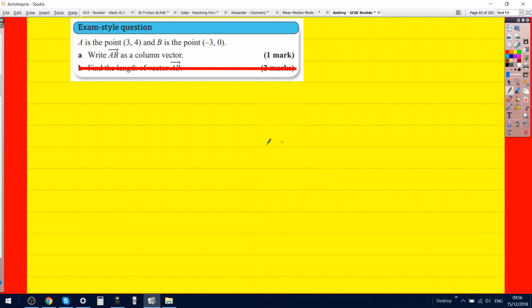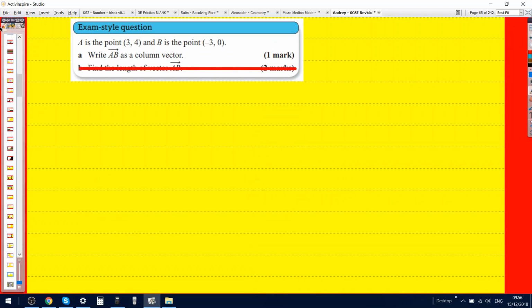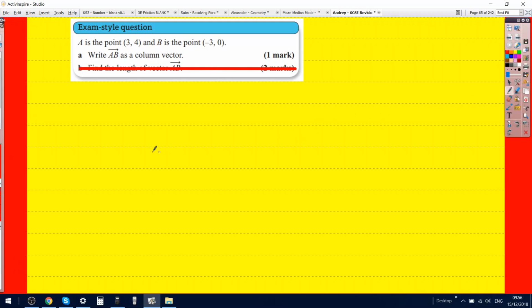Okay, how about this? Is that 0, 4? So 0 and then 4. So A to B, it's going to be a vector.